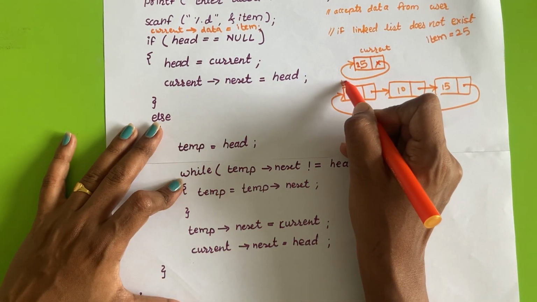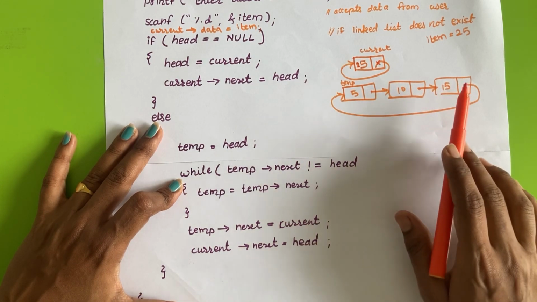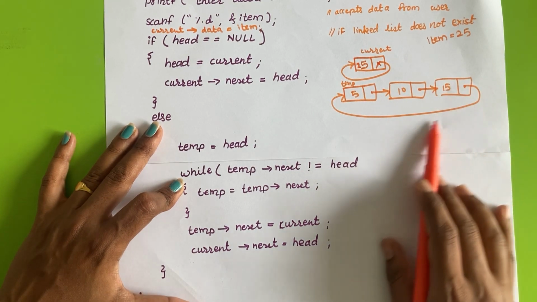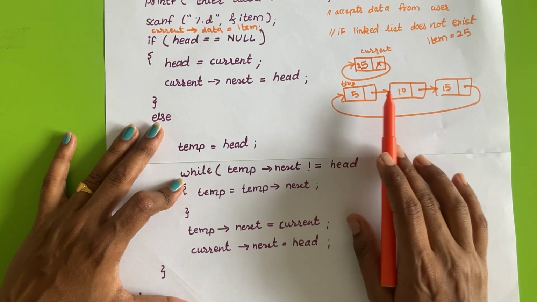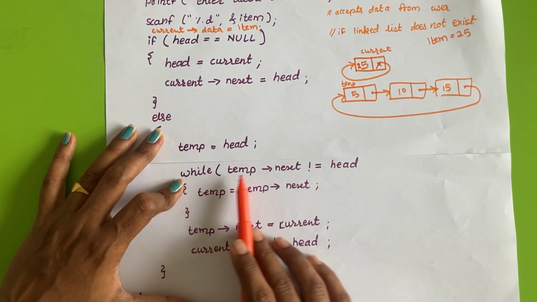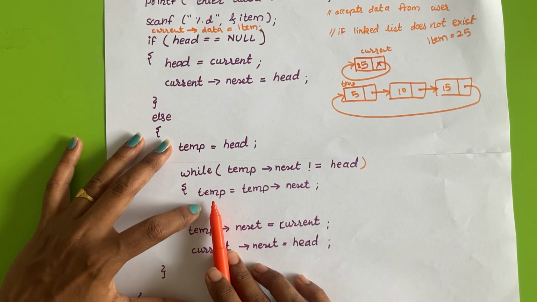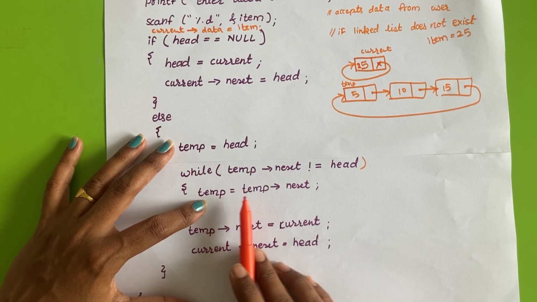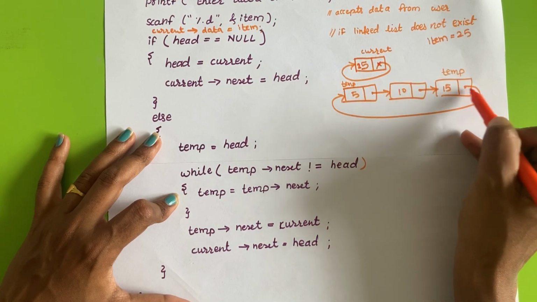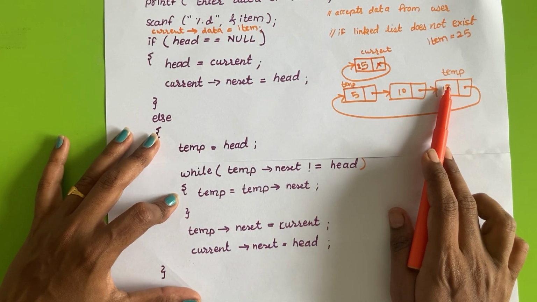So first time the temporary node will be this head node. So up to the last node, whenever we don't get the next pointer pointing to the head node, up to that point we have to update this temporary node one by one. Okay, so while temp next not equal to head, we will update the temp as temp is equal to temp next. Okay, at last we will get that this node is pointing to head node, means this is our last temporary node. Now we are at here for the temporary node.